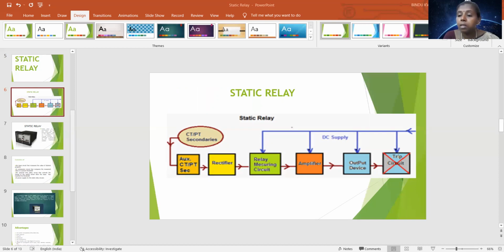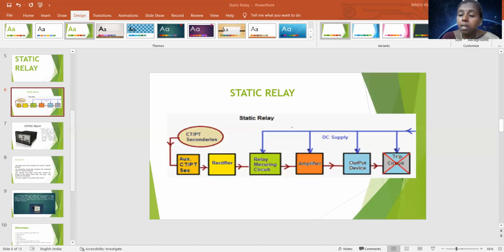This is obtained with the help of devices such as transistors, diodes, and integrated chip circuits. This gives a signal to your trip circuit, that is the circuit breaker, when the threshold condition is reached. The tripping device may be either of an electronic or electromagnetic type.